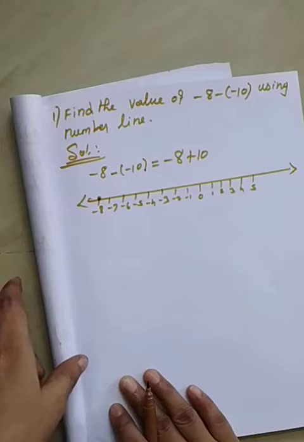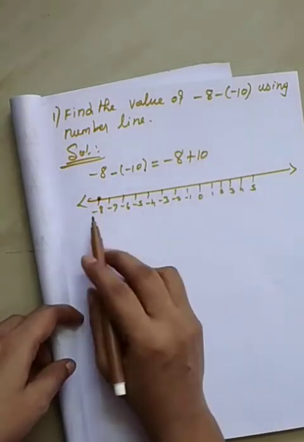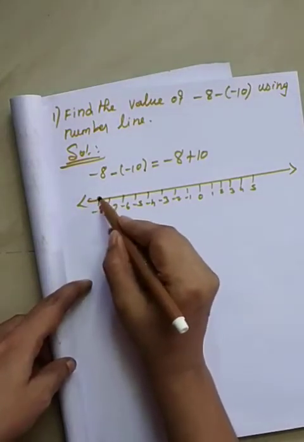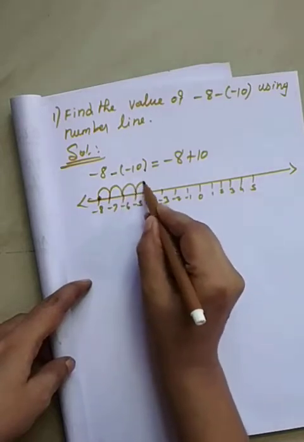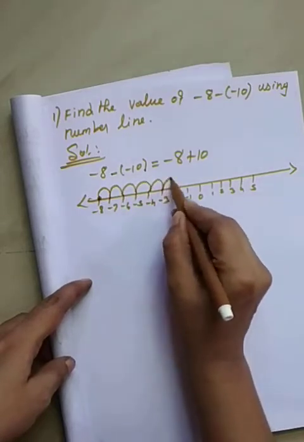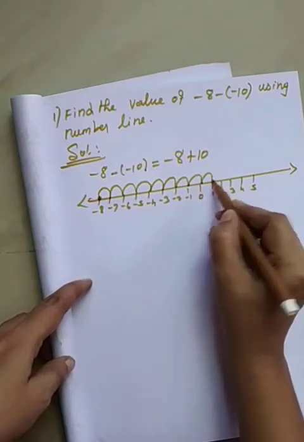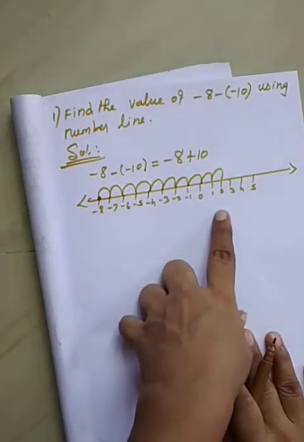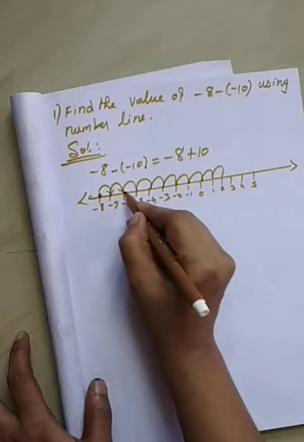We will move 10 steps towards right because it is plus 10. So you have to move plus 10 steps: 1, 2, 3, 4, 5, 6, 7, 8, 9, 10. So which point do you reach? We reach 2. Okay.